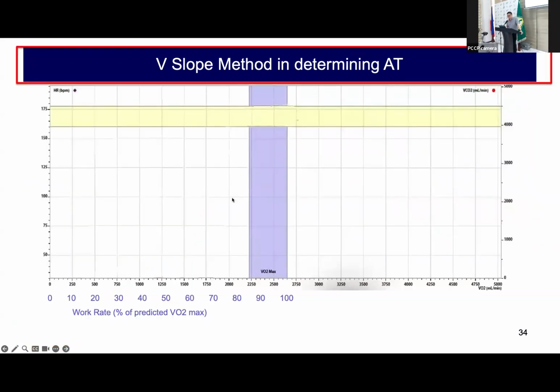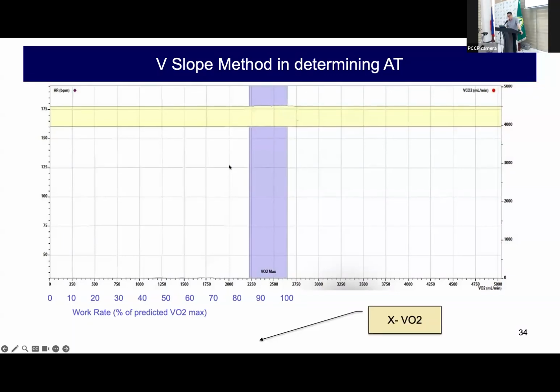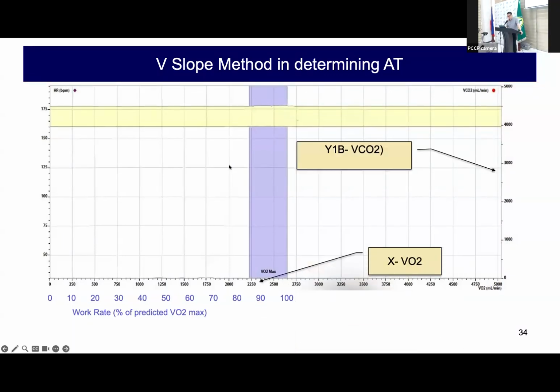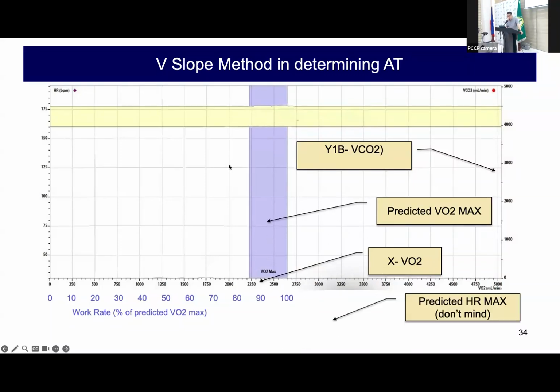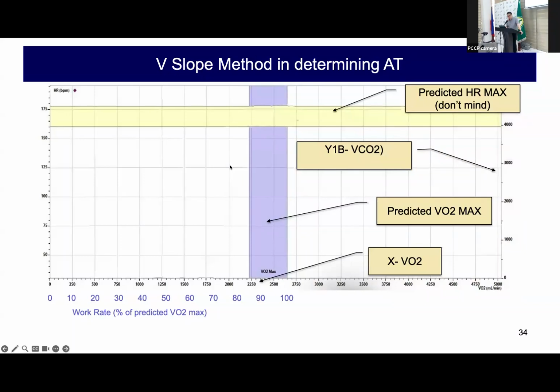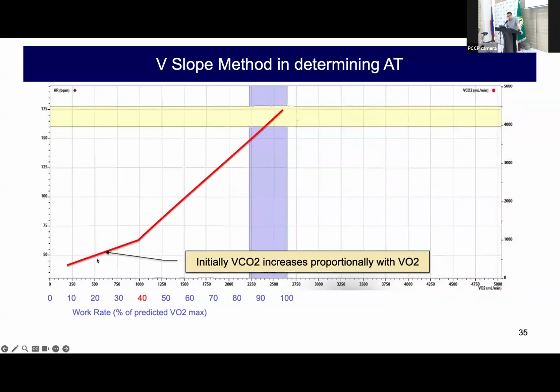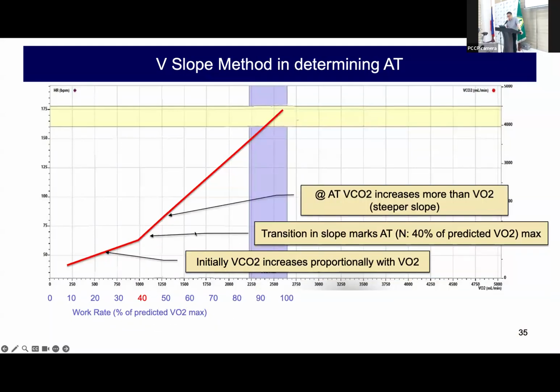So this is how it looks like in the graphs of this CPET, V-slope method. X is VO2, Y is VCO2, predicted VO2 max, predicted heart rate maximum. Initially, there's a linear slope, where CO2 increases proportionally with the oxygen. Notice the change in the slope. That marks the transition.